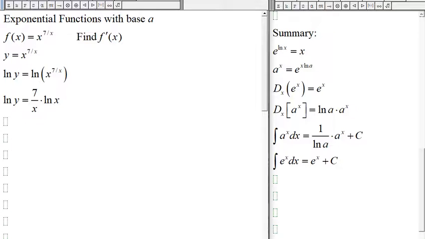And then now we'll do implicit differentiation with respect to x.